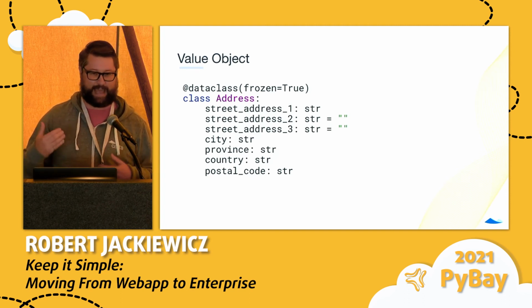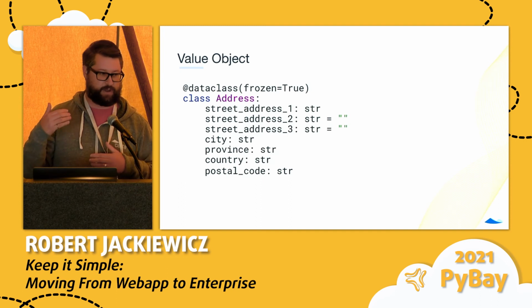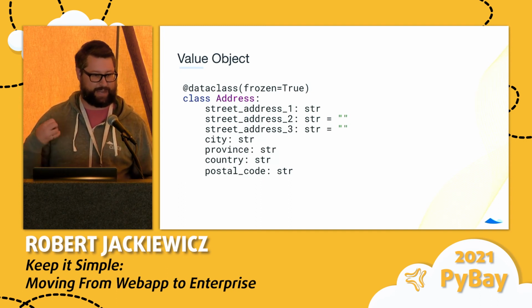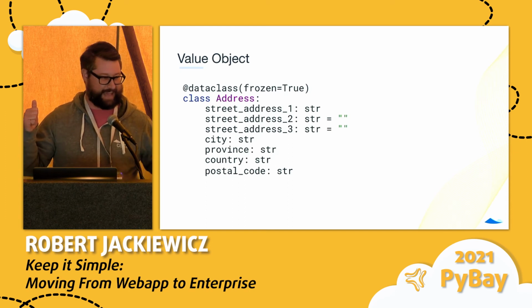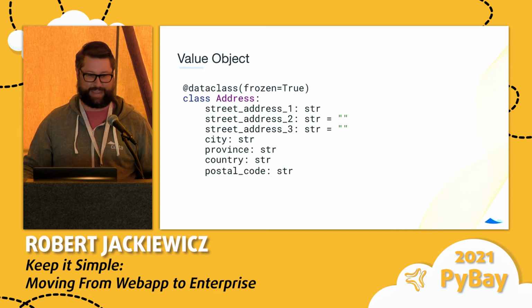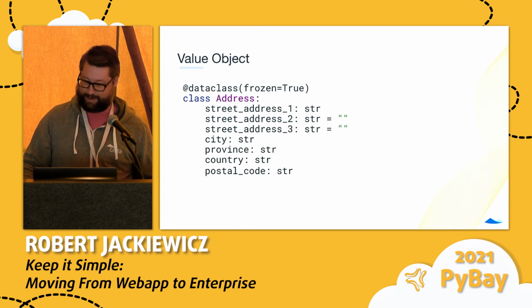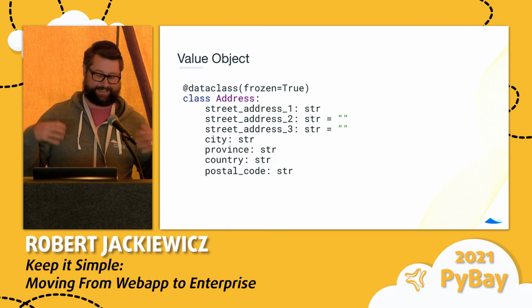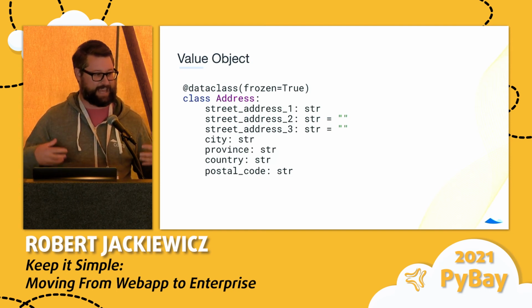Value objects have no identity. They do not exist on their own. And the best way to use them is by creating immutable objects. Data classes that have the frozen keyword, awesome, because you have a runtime check to make sure that you can't modify this in Python. So this is just a simple way of describing an address, but the address is now treated as one variable that you change in one go.